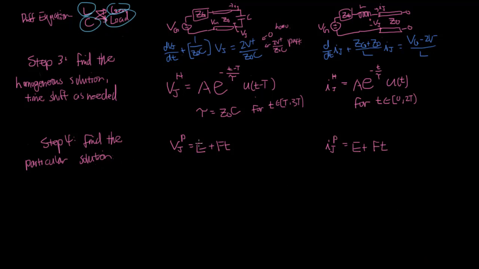Now, one thing to keep in mind is that since this circuit doesn't blow up as t goes to infinity, we can observe that since V_j particular as t goes to infinity is not infinity, it doesn't blow up, and therefore the F is always going to be equal to 0. So that leaves us the E that we have to solve for.